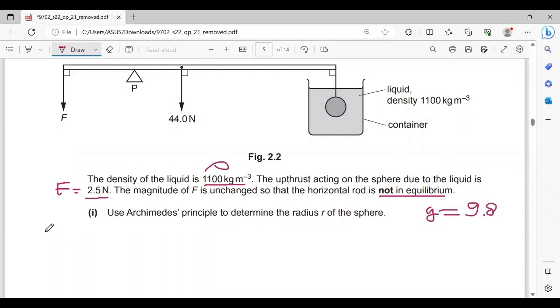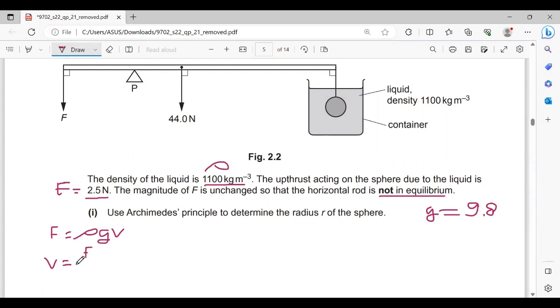So force equals density rho times g times volume. We're going to find volume, so we can rearrange this formula.